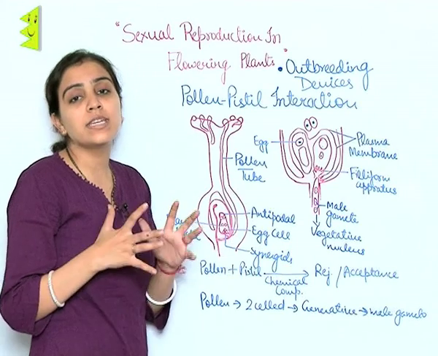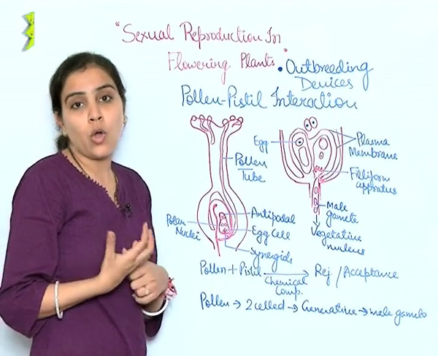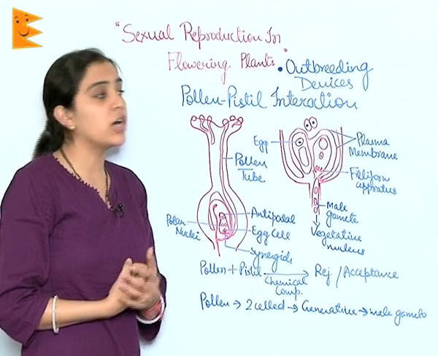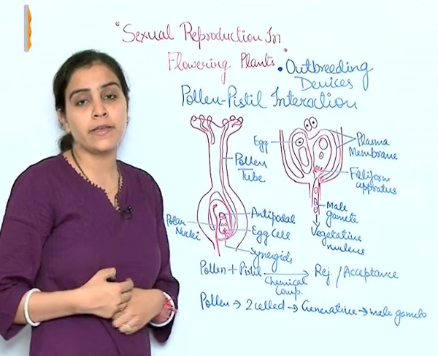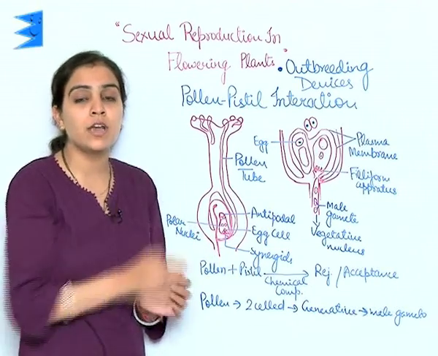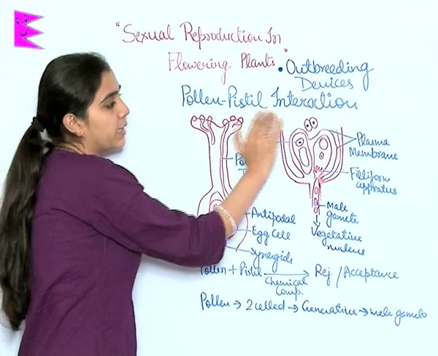The number of genetic traits are exchanged, and thus what we call genetic adaptations are seen. Because if inbreeding depression is there, the same traits, be they positive or negative, will be carried across the generation. Now, what is pollen pistil interaction?